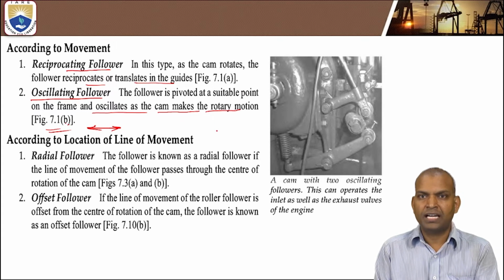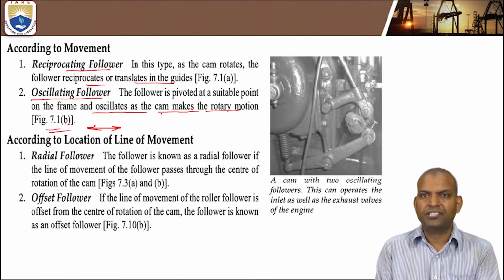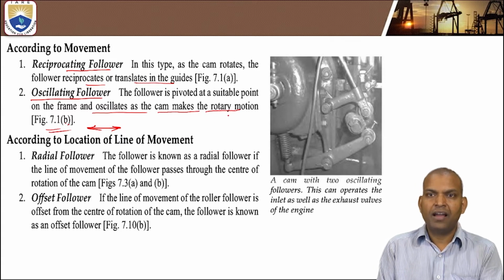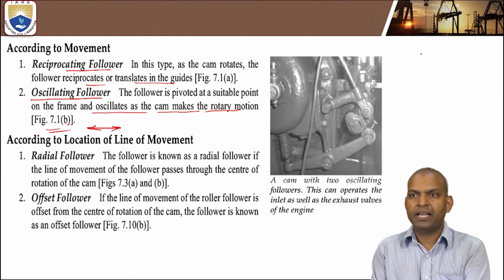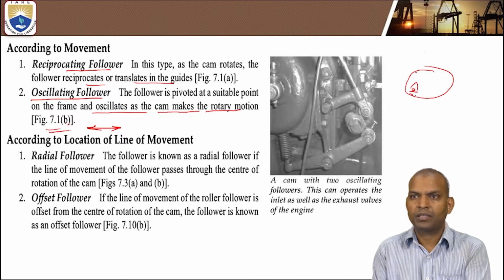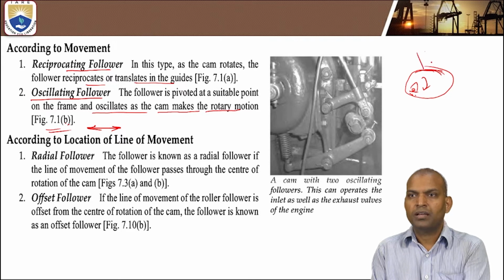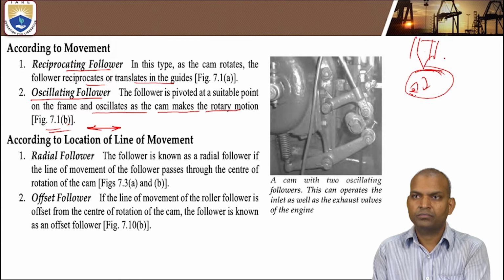But the meaning is that the follower is pivoted at a suitable point on the frame and oscillates as the cam makes the rotary motion. This is the cam, which makes a rotary motion. For that, suppose I am considering a knife edge follower here.